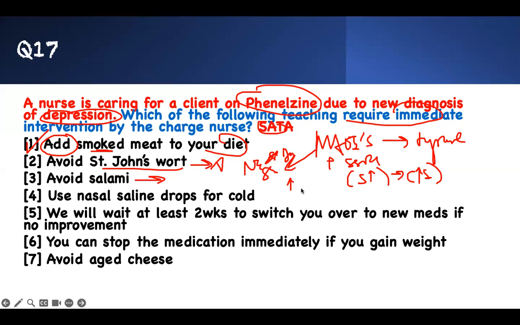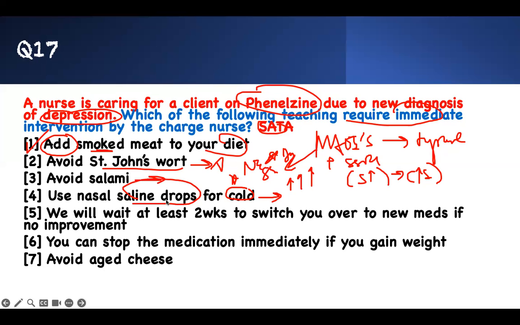All this increases your blood pressure. If you combine ephedrine, which is contained in cold medication, it will increase your blood pressure. You develop hypertensive urgency. So they should not take any cold medication. All they can use is saline drops to decongest the nose.